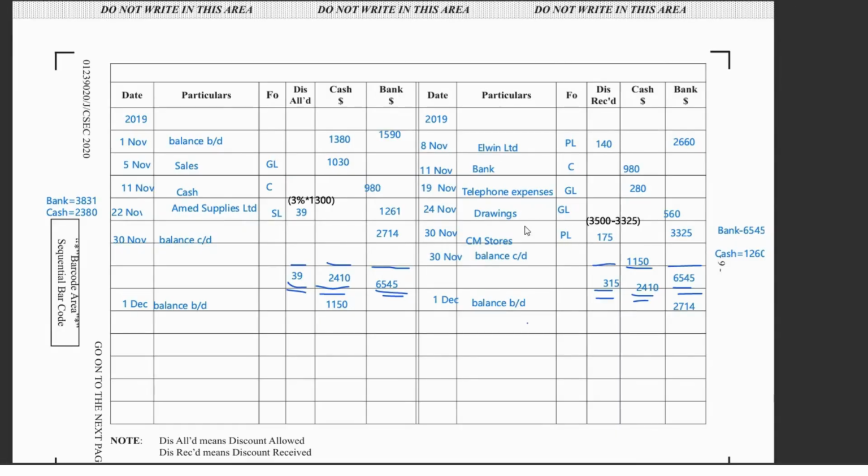Purchases ledger, because we would have owed CM Stores some money. That's why we're paying him. And it is $175 for discount received. As I said, it is your $3,500 minus $3,325. And the check was $3,325, so that's what we put under the bank account.